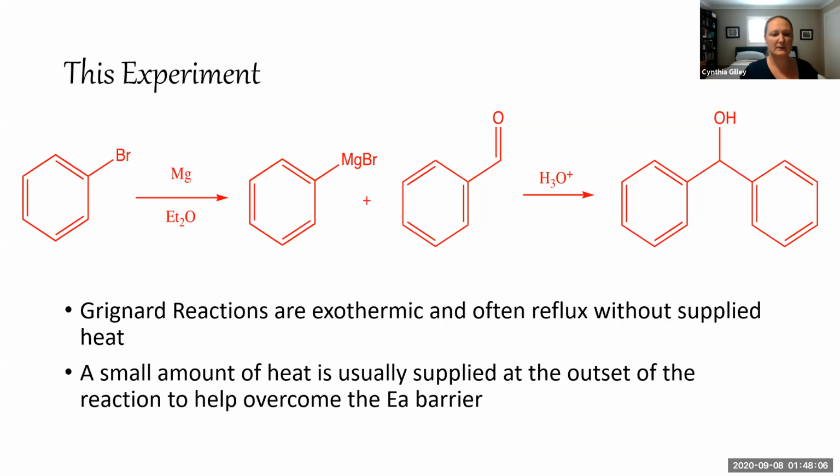So at the outset of the reaction, sometimes people will heat the reaction just a little bit by putting the flask in the palm of their hand, or they might supply it with a little bit of heated water at the very beginning, just to make sure the Grignard reagent forms well. Once it forms, it's exothermic, as we talked about, and gives off its own heat. And oftentimes after that, heat is not necessary unless you want to reflux for an extended period of time.